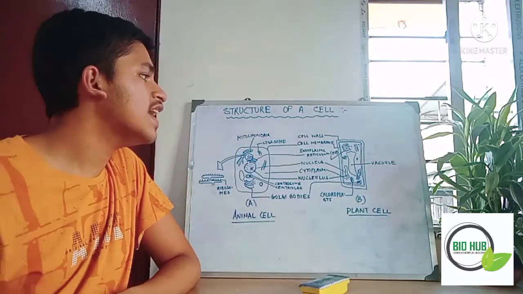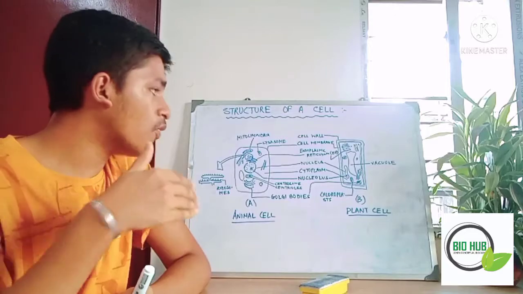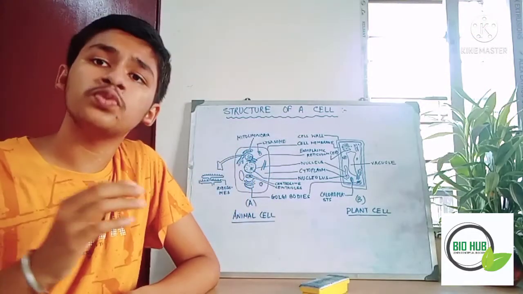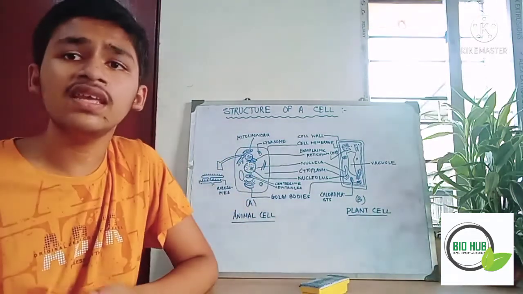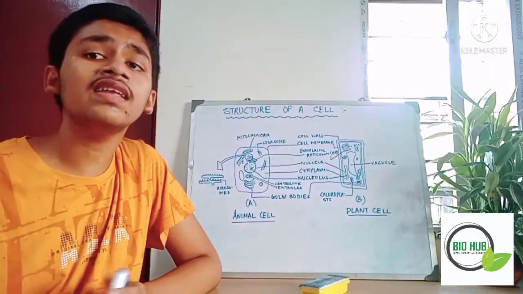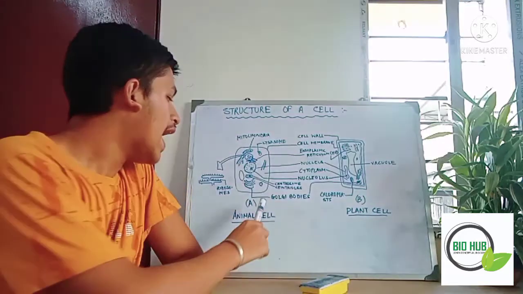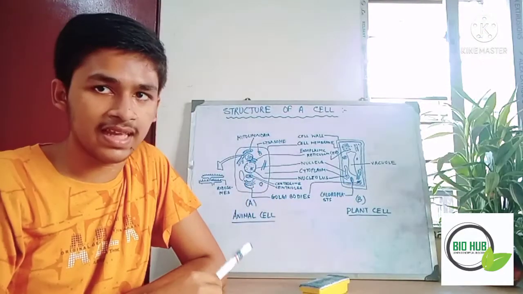The cell membrane is a very thin covering layer beside the animal cell, and it protects the animal cell and all the cell organelles from any outside or physical injury from the external environment. It also provides a shape to the cell.